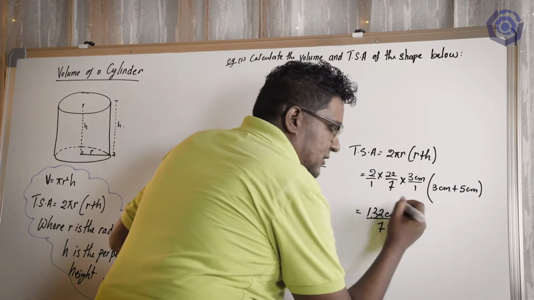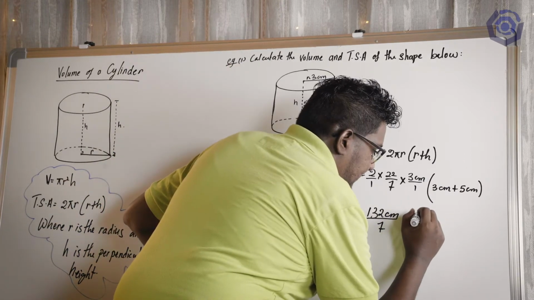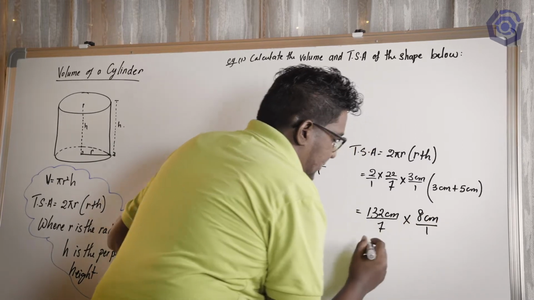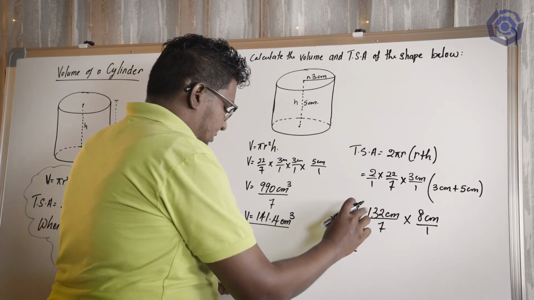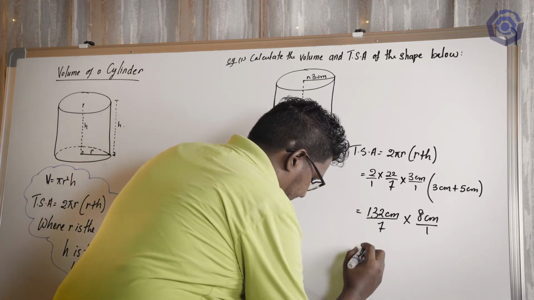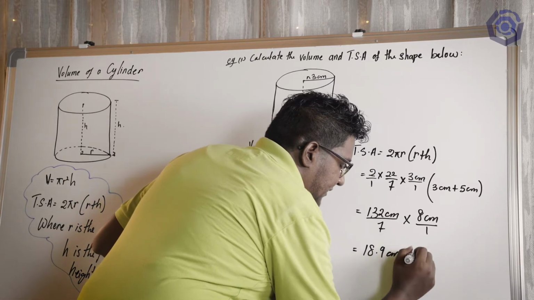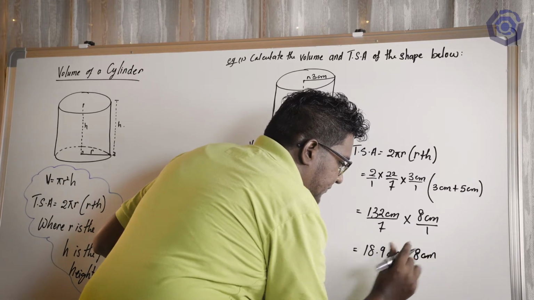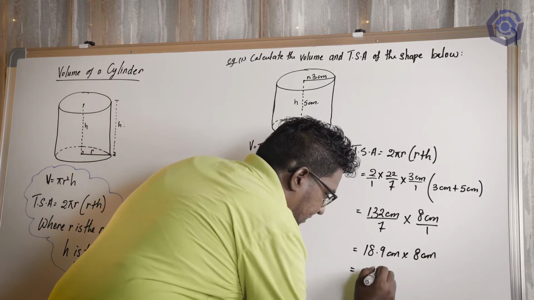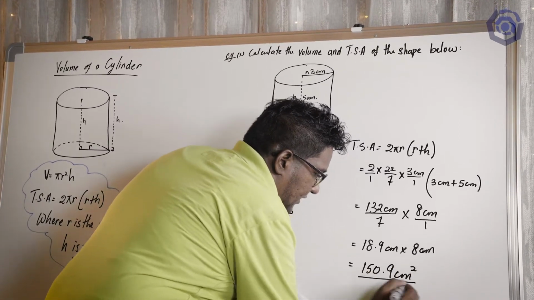Bracket means to multiply, so I'm just going to put a multiplication sign here. 5 plus 3 is going to be 8, and this is cm. 132 divided by 7 is going to give me 18.9 cm multiplied by 8 cm, and 18.9 times 8 is going to give me 150.9 cm squared.